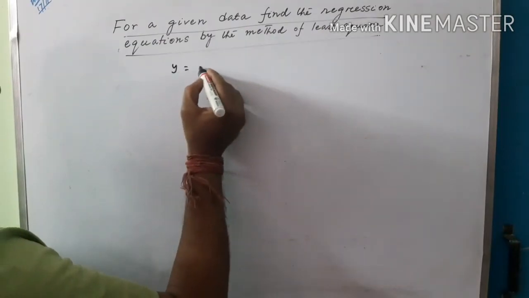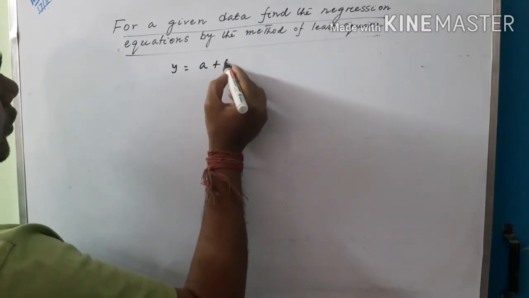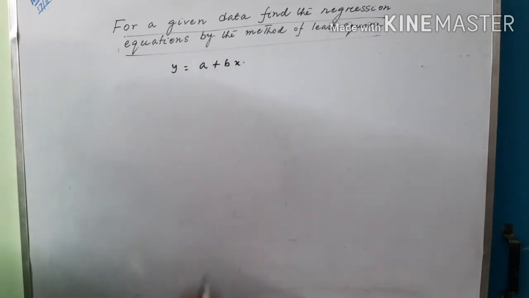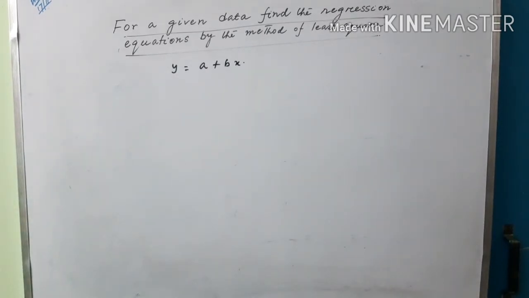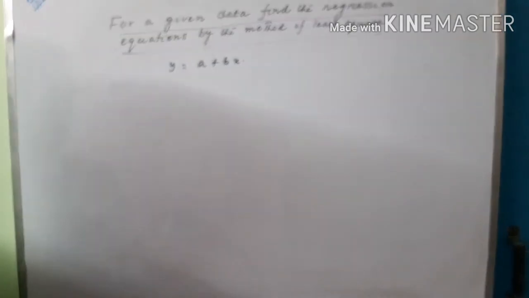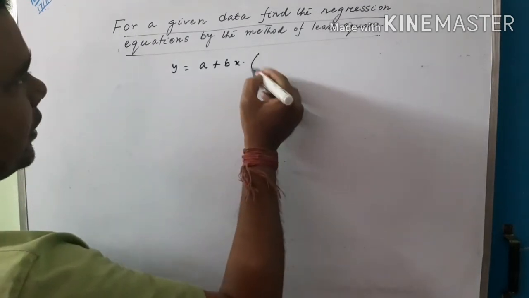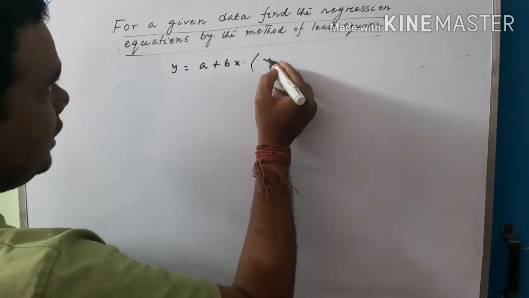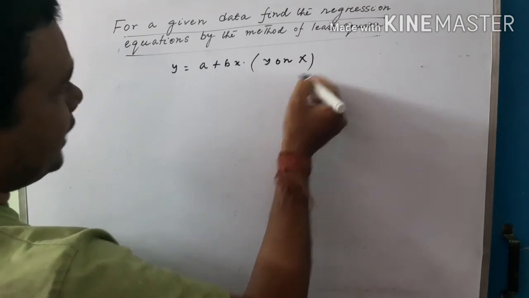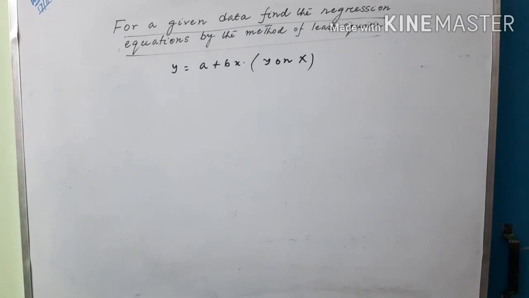So we have seen how to find the two constants of the equation y equals a plus bx. Now remember that there are two regression equations. One is used for the estimation of y. This equation is y on x, whose actual meaning is that y is to be estimated based on x. Here x is the independent variable.